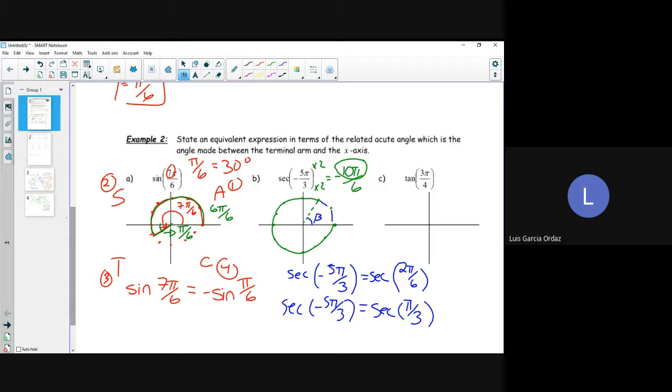So our next example we have is tan of 3 pi over 4. So obviously we're going to divide each quadrant into 45-degree intervals. And because our angle is positive, we are just going 3 sections counterclockwise.